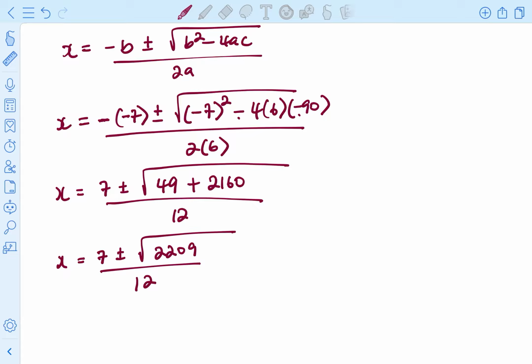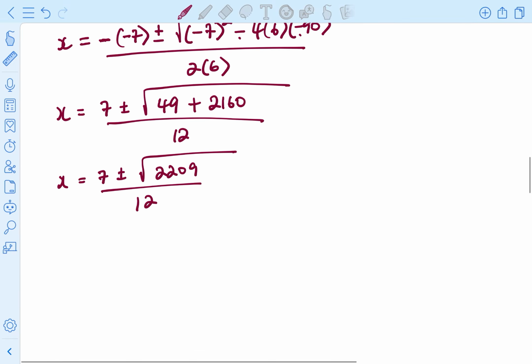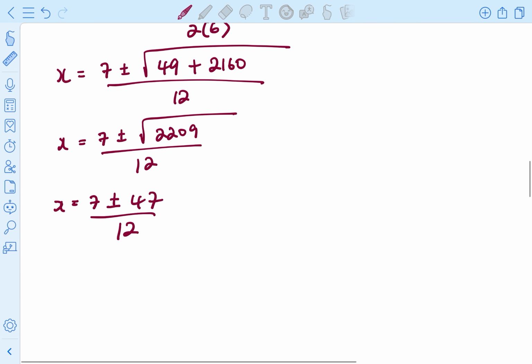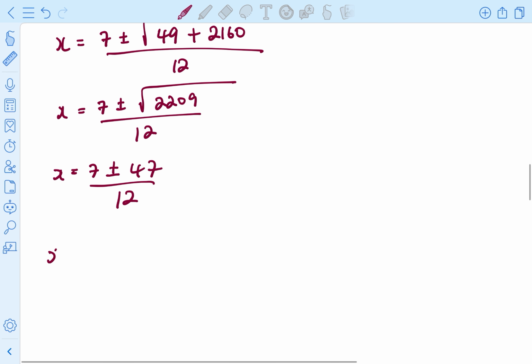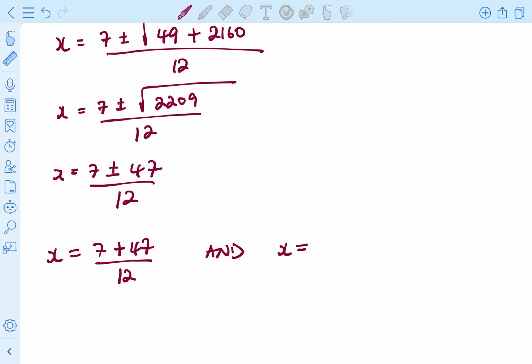So we now find the square root of 2,209, which gives us x is equal to 7 plus or minus 47 divided by 12. This is now where we split everything. x is equal to 7 plus 47 divided by 12, and x is equal to 7 minus 47 divided by 12.